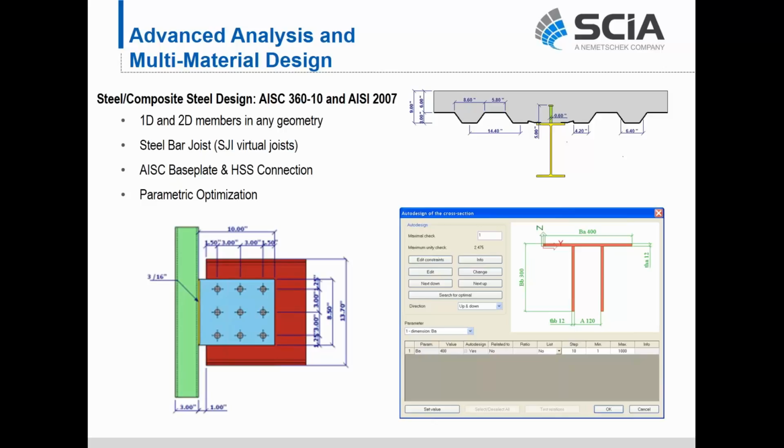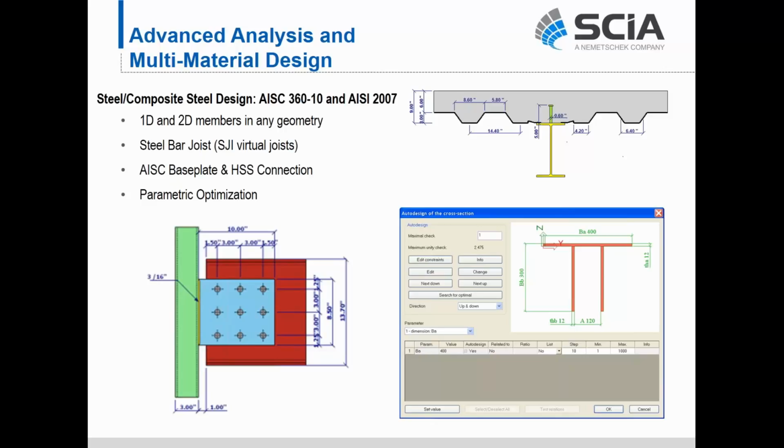I mentioned the curved 1D and 2D members. We also have functionality to be able to design steel bar joists using the SJI virtual joist method, and we have worked closely with SJI to further enhance this capability within SCIA.